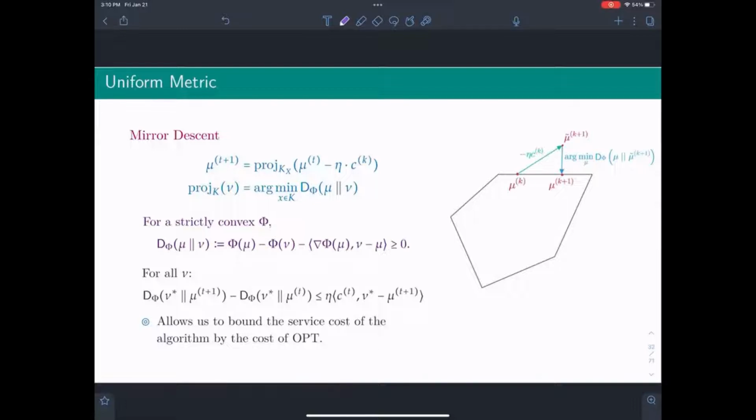And if you can also bound your movement cost by your own service cost, then you would be done. So now the whole problem comes down to choosing the correct regularizer phi.